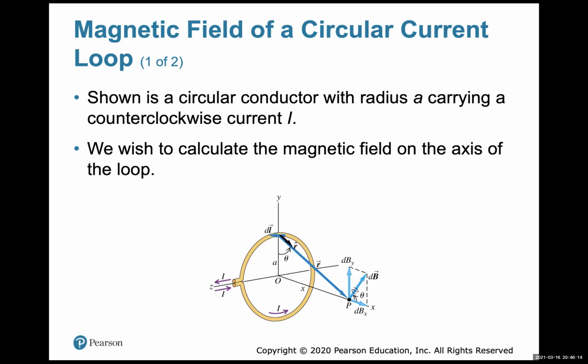If we have a current passing perpendicular to the point-to-point position vector, from that infinitesimal current to the point at which we're trying to calculate the field, now the cross product rears its ugly head.